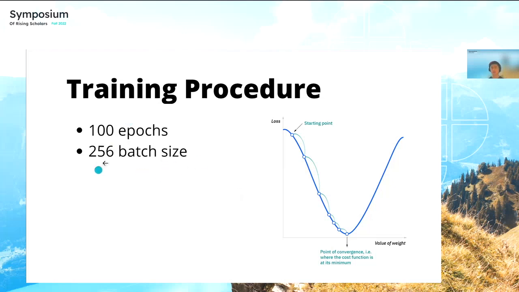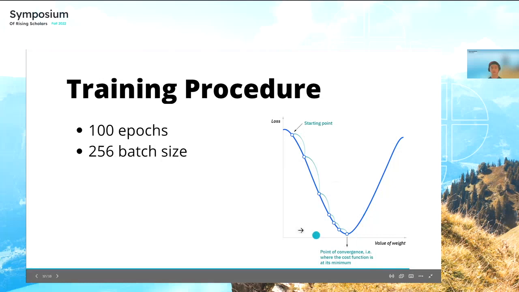And part of this is increased training speed using a smaller batch size. And another benefit is that there's a degree of randomness where it does not use all of the images. And this allows it to avoid minimums that are not the absolute minimum.